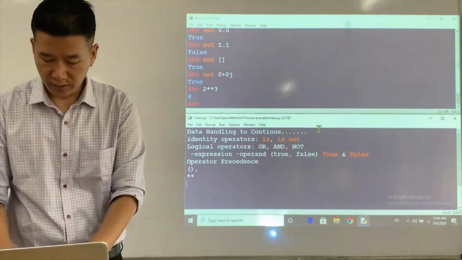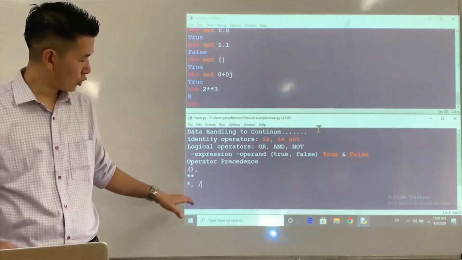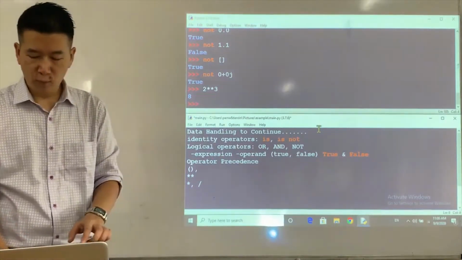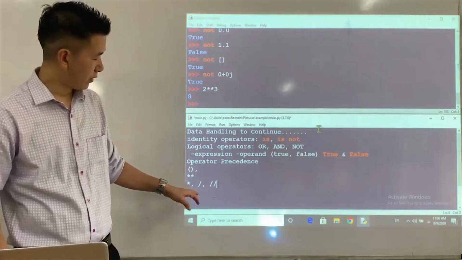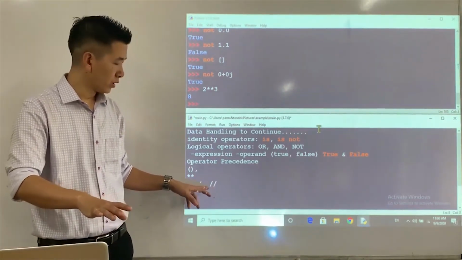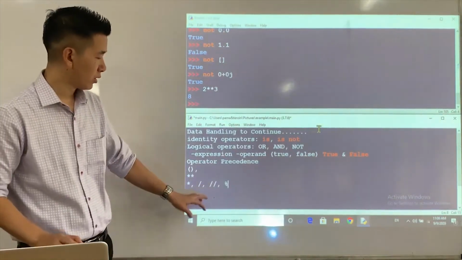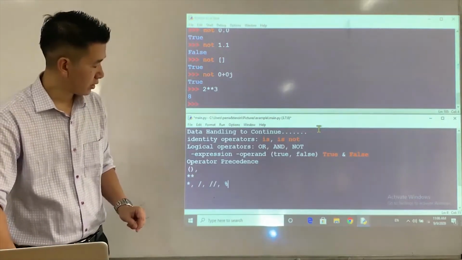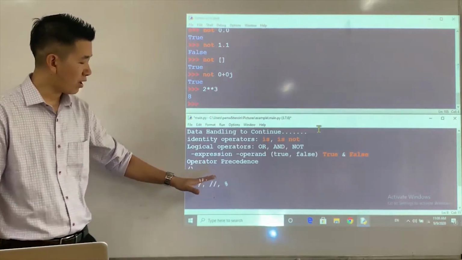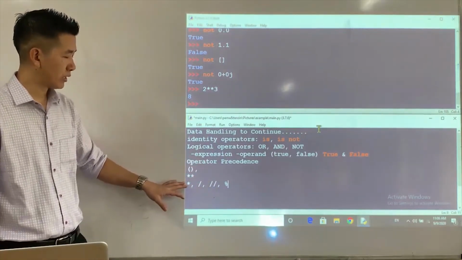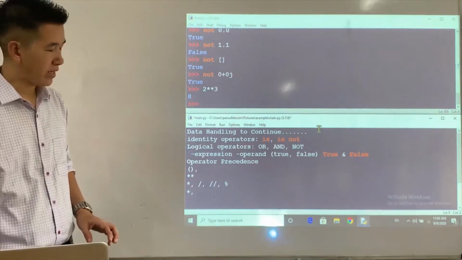You have the multiplication, the float division operator, and the floor division operator. Remember, and then you have the modulus, which will return the remainder. So these 4 operators come next after the exponentiation operator, and then you have the plus and then the minus.